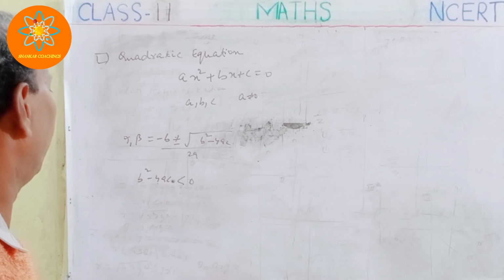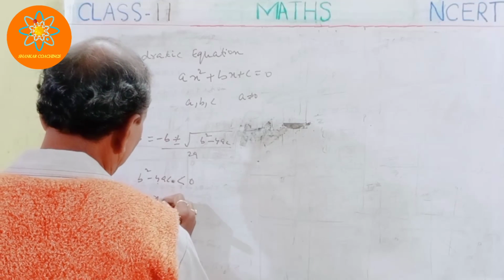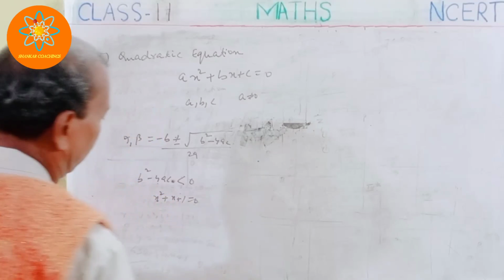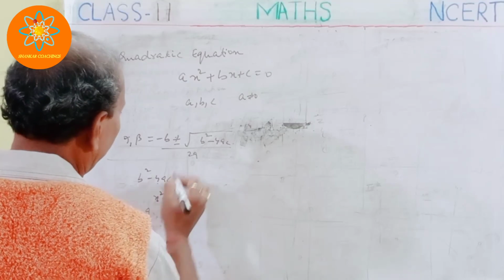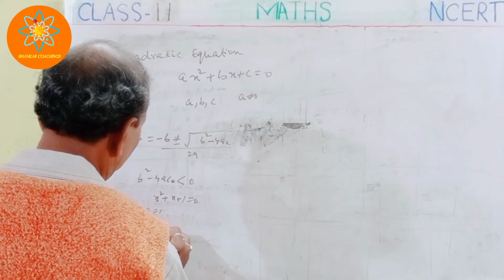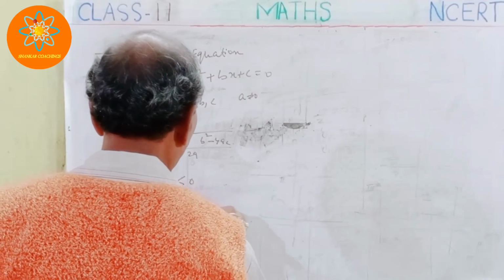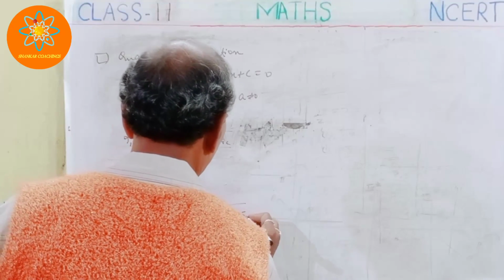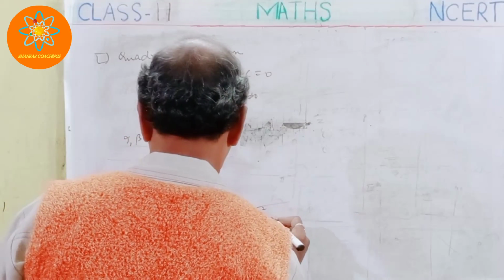So I'm taking one example. Suppose I want to solve x square plus x plus 1 is equal to 0. What is the value of a? Comparing, a is equal to 1, b is equal to 1, and c is also equal to 1. So what is the value of under root b square minus 4ac?